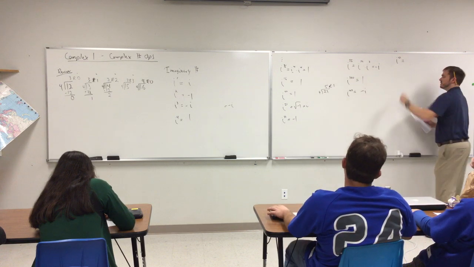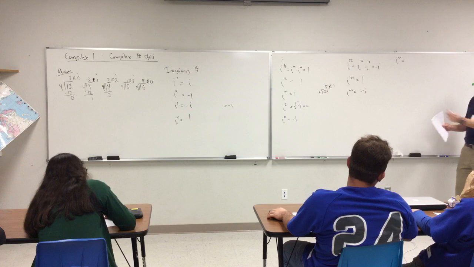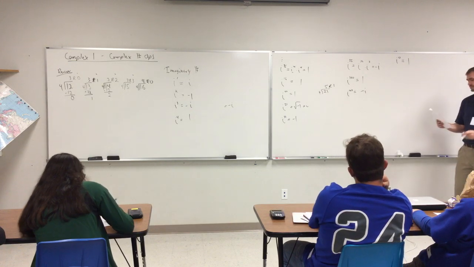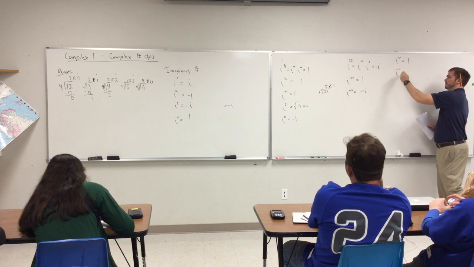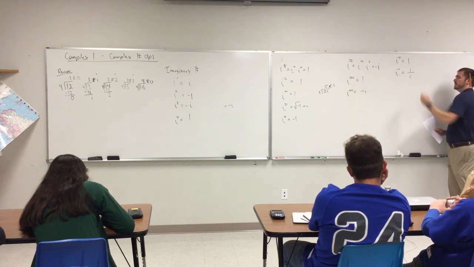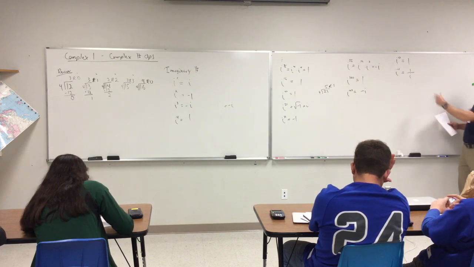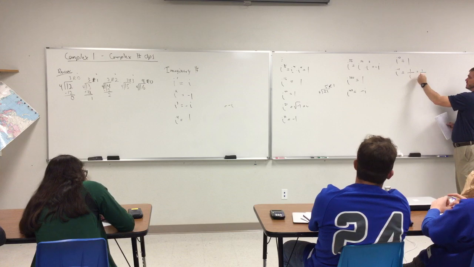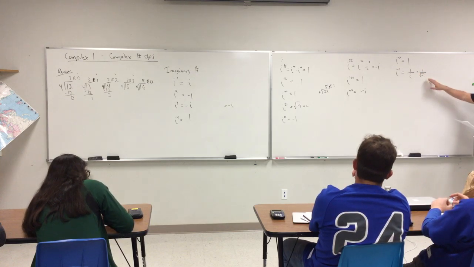So I to the 0 is what anything to the 0 is. It's 1. I to the negative 1 is 1 over I. Now what you need to think about is that's 1 over the square root of negative 1. And historically, for good reason, we'd all like square roots out of the denominator.